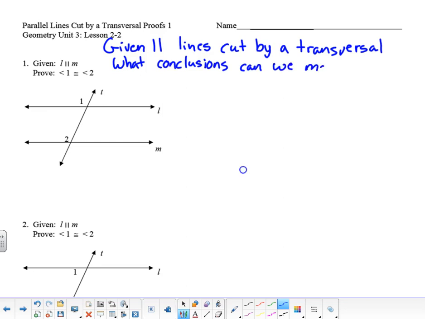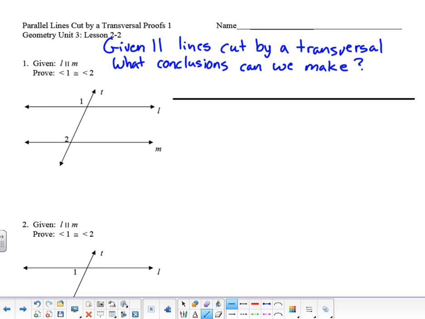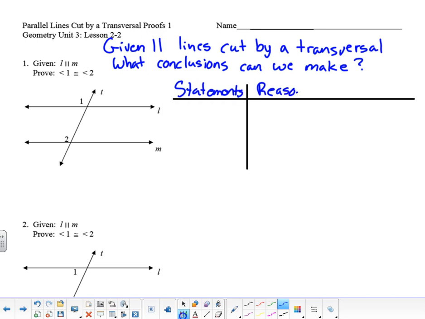We've got 3 really simple ones and then one that's a little more complex today. I'm just going to use this 2-column format because it helps us organize our statements and our reasons.